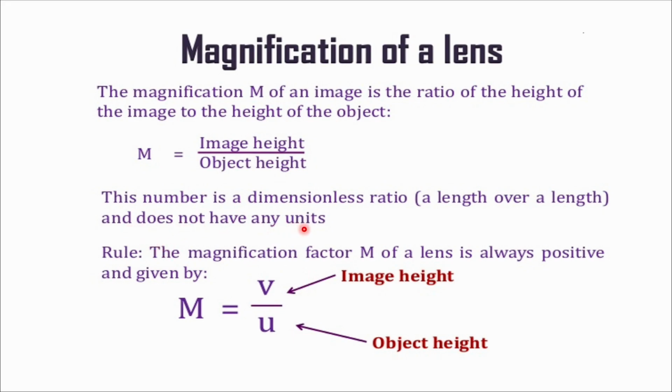It does not have any units. Magnification of lenses also does not have any unit. If you want to write it in terms of distances, it is M equal to V divided by U. Or in some books, it is taken as hi divided by ho.